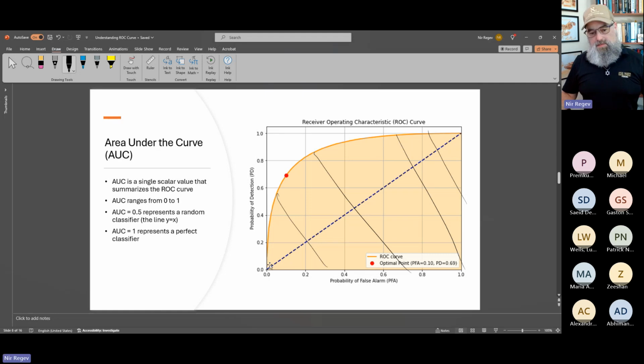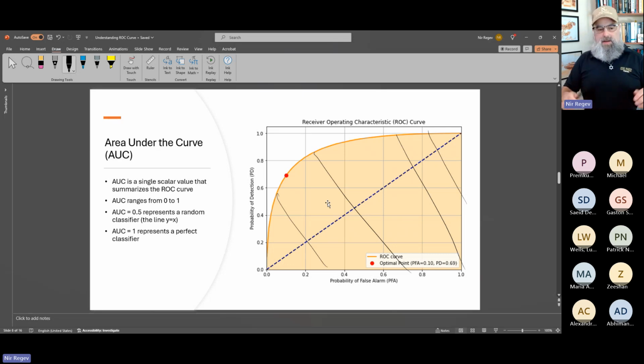The minimum is this line, which is 1/2. It can range from 0 to 1 theoretically, but practically it cannot be less than this line, so it's between 1/2 and 1. As we approach 1, we are better, and as we approach 1/2, we are more random. So this is the area under the curve.